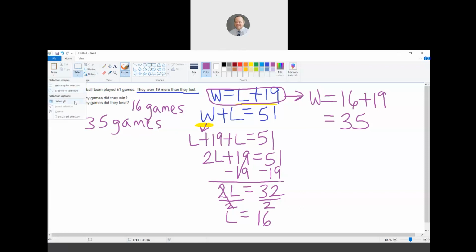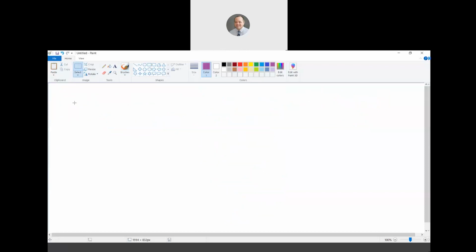Next question is a geometry one. The perimeter of a standard size rug is 44 feet. The length is 2 feet longer than the width. Find the dimensions.